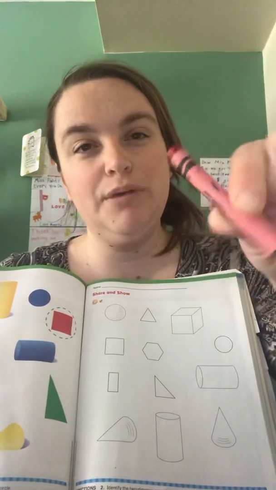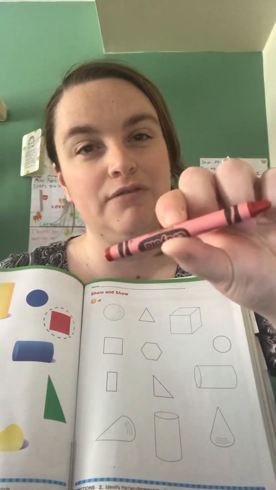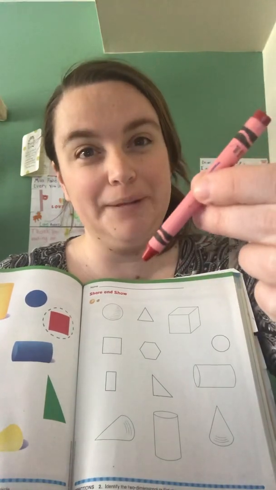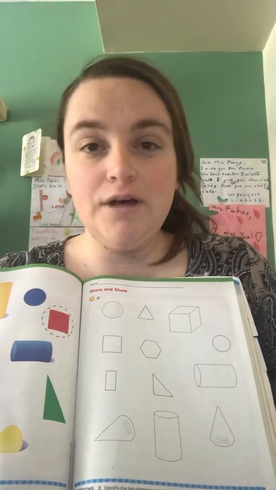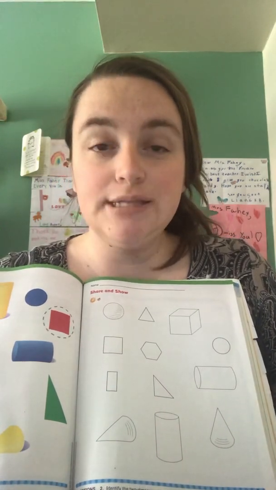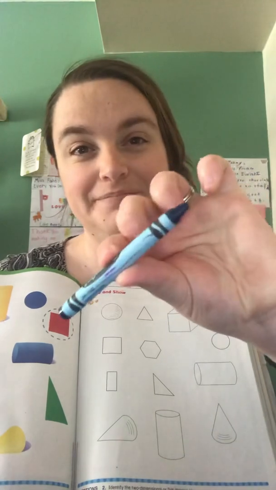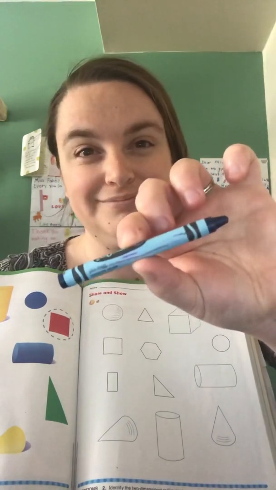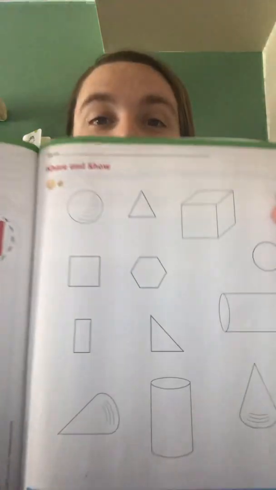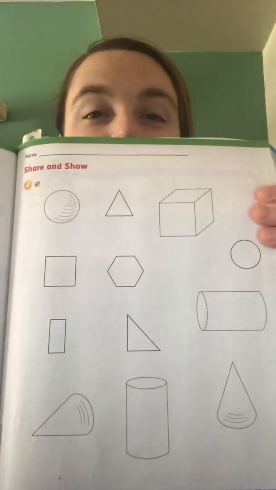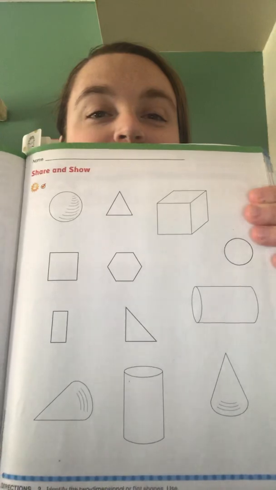If it's a flat shape and you can see all of its sides and all of its vertices, color it red. If you find a three-dimensional shape, a solid shape, let's color it blue. Two-dimensional shapes are red. Three-dimensional shapes are blue. Take your time.